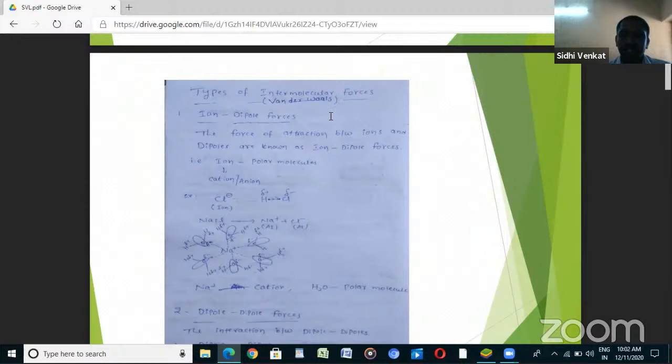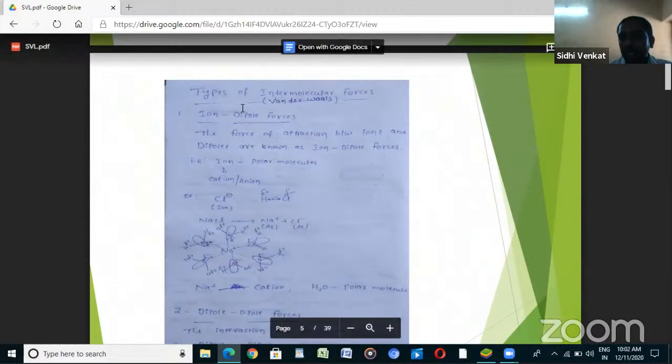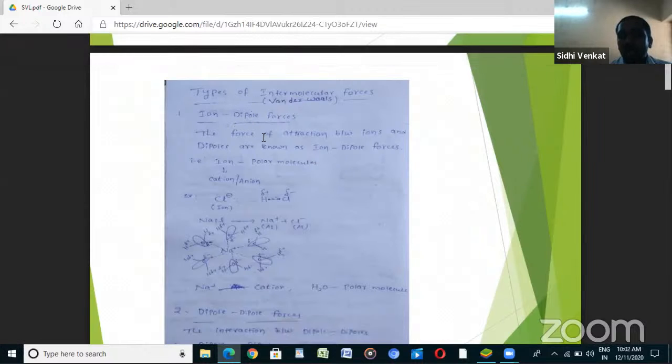Once again, students, the force of attraction between ions and dipoles is known as ion-dipole forces. Polar molecules are the dipoles. Do you all understand, students? The ion may be a cation or an anion.